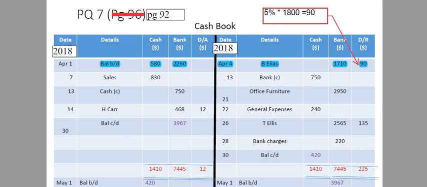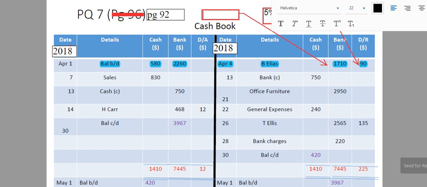So you can see the calculation for the $90 here. You had to pay this guy $1,800, but you are paying him less 5% cash discount. So the 5% is the $90, so we will pay him 1,710. So let's show the calculation for 1,710 also.